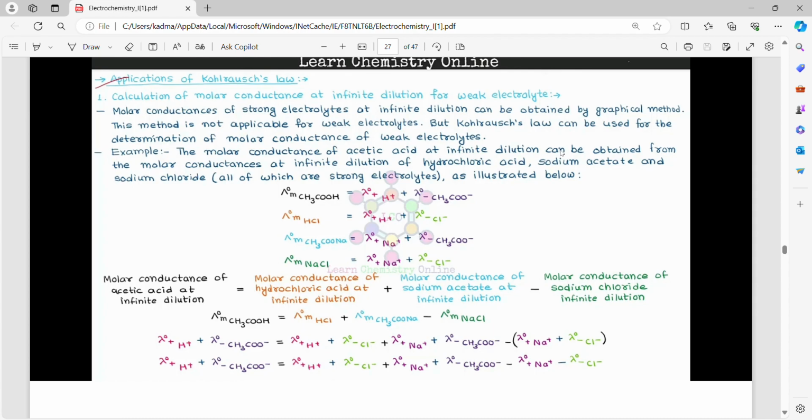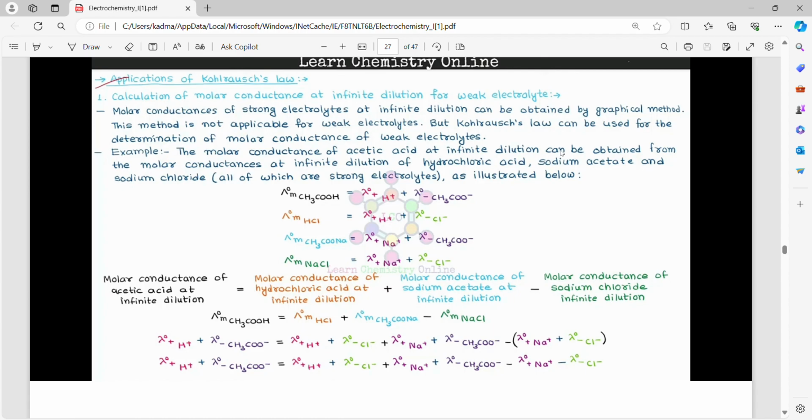Λ₀m(CH3COOH) = λ₀(H+) + λ₀(CH3COO−). Λ₀m(HCl) = λ₀(H+) + λ₀(Cl−). Λ₀m(CH3COONa) = λ₀(Na+) + λ₀(CH3COO−). Λ₀m(NaCl) = λ₀(Na+) + λ₀(Cl−).